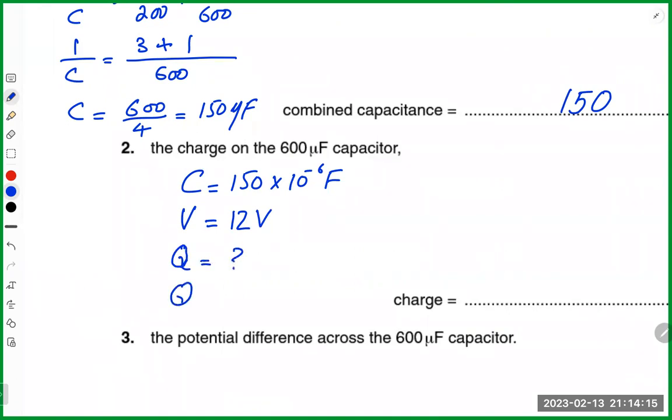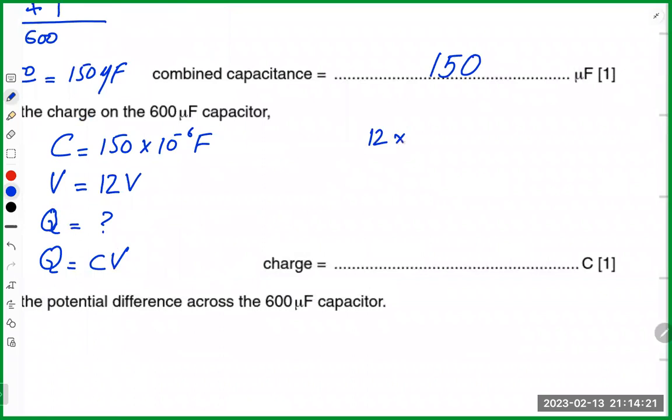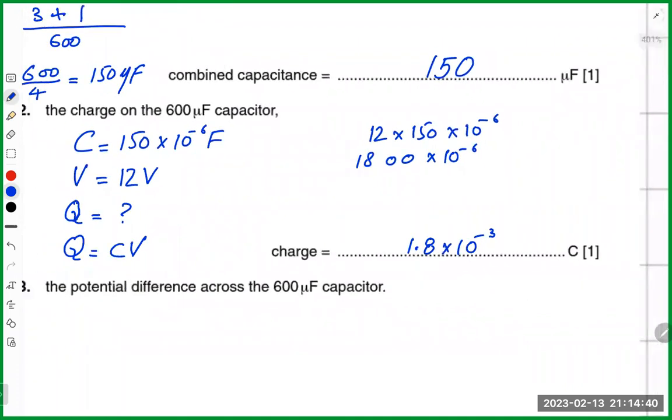I hope you remember that the charge equals CV. So it will be 12 multiplied by 150 into 10 to the power minus 6. So it will be 1.8 into 10 to the power minus 3 coulomb.